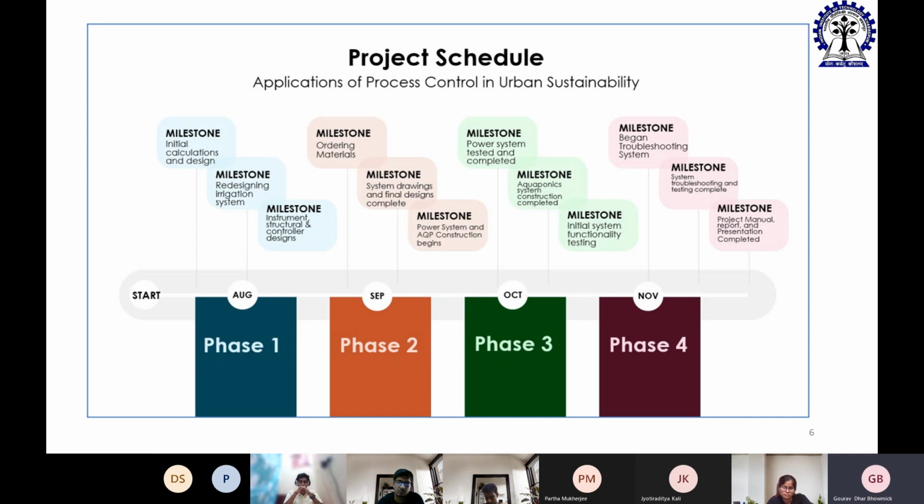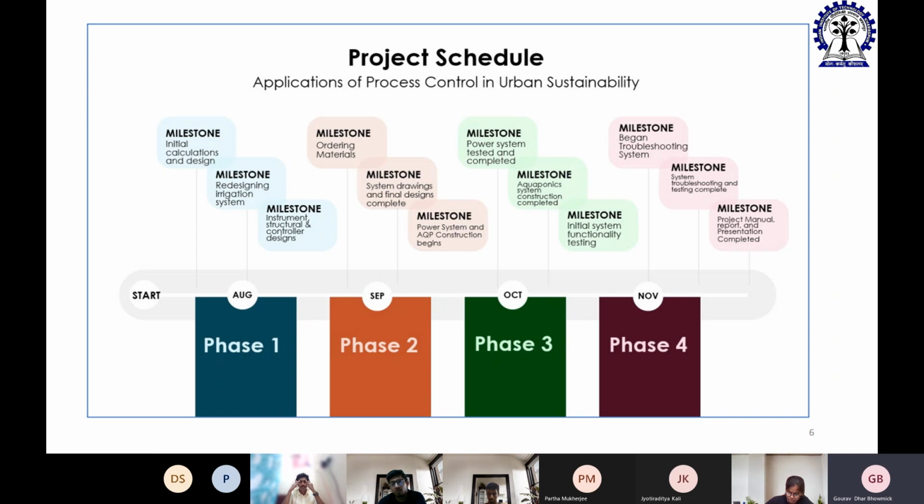The second phase will be procuring materials, completing the system drawing and final design, and starting to design the power systems and the aquaponics construction. Then in the third phase, you can go ahead with the power system tested and completed, and the construction of the aquaponics and all the initial functionality of your aquaponics system. By the end of the 3rd month, you can do that.